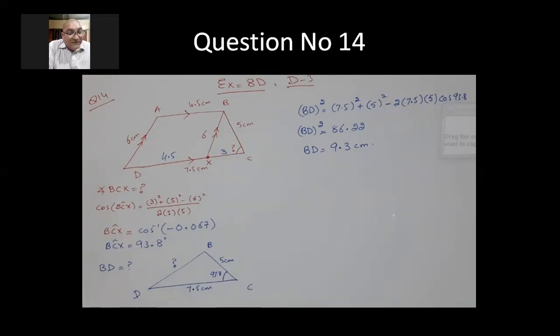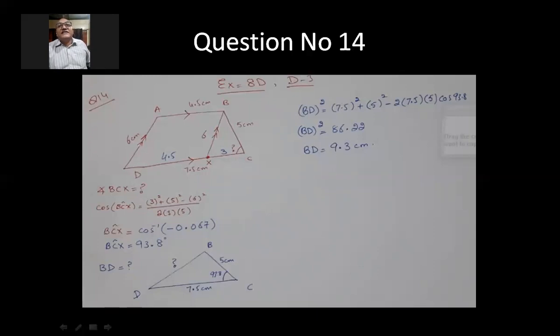AB is 4.5 centimeter, BC is 5 centimeter, CD is 7.5 centimeter, and the AD side is 6 centimeter. The point X lies on CD such that BX is parallel to AD.